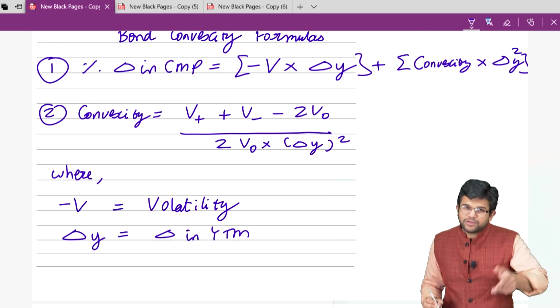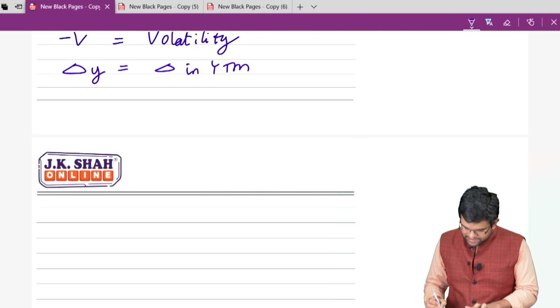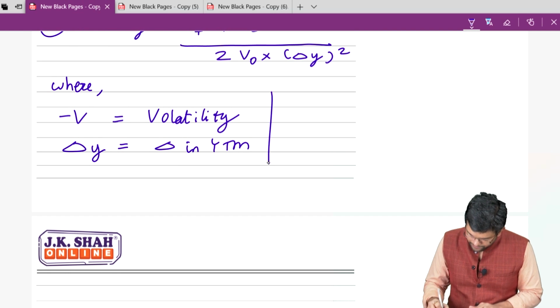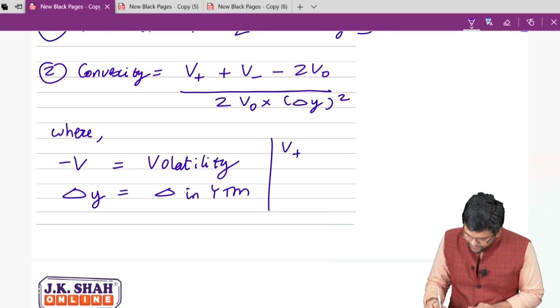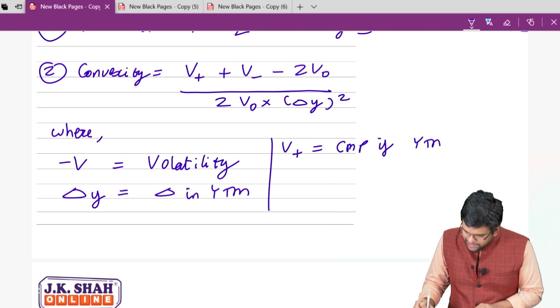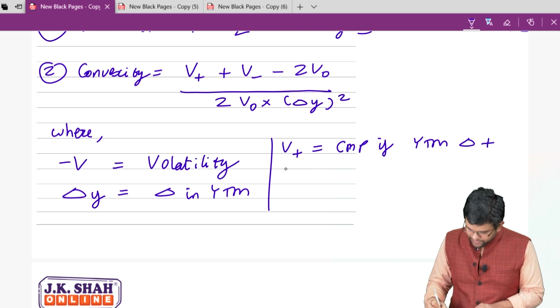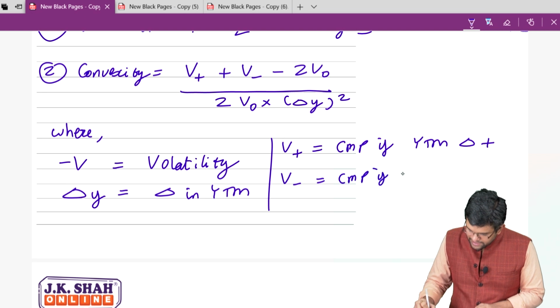Okay, with numbers you'll get more clarity. What is V plus and V minus? I'll write down here only. Okay, see, V plus refers to current market price if YTM changes positively, and V minus refers to current market price if YTM changes negatively.